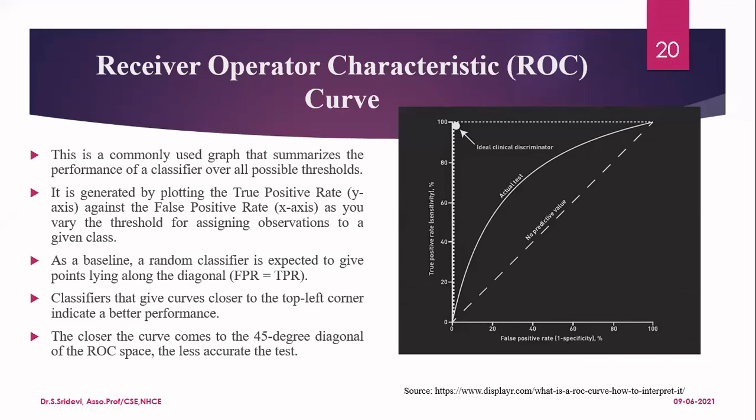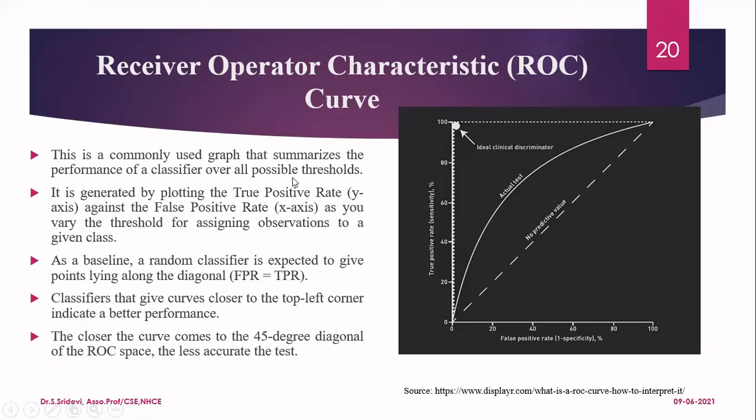If you set the threshold as 0.5, if the output of the sigmoid function is greater than 0.5, it will predict the output as 1. If it is less than 0.5, it will predict 0. So the setting of the threshold plays a major role. Suppose instead of 0.5, I set the threshold as 0.7, my output will be predicted differently.